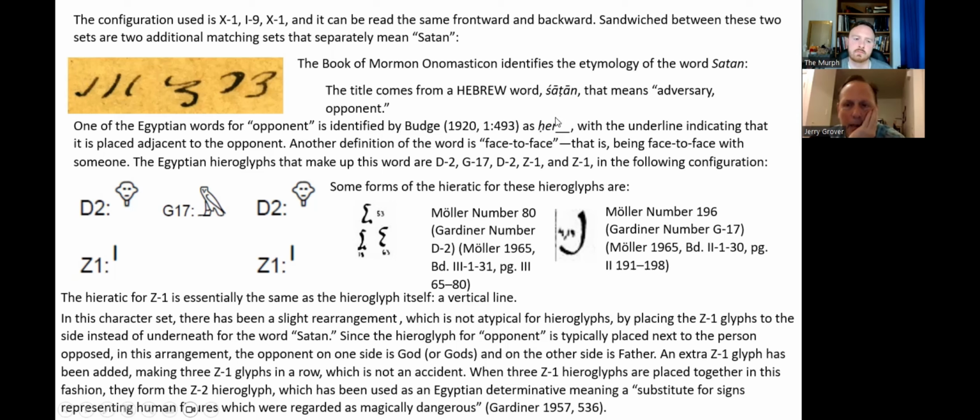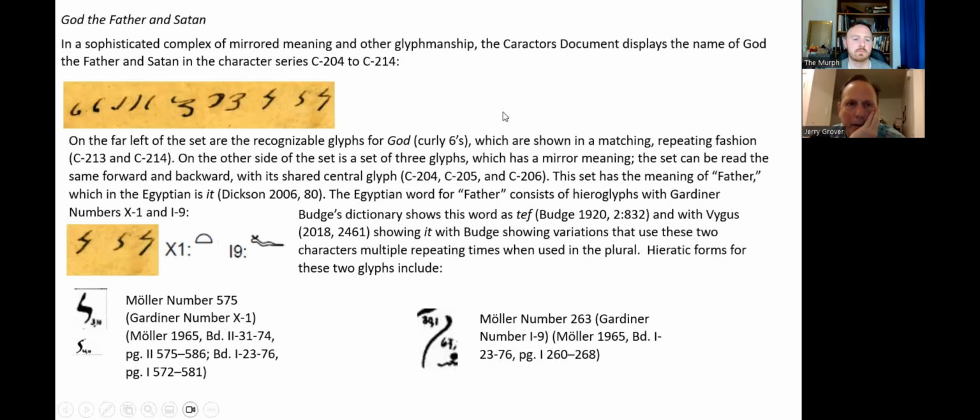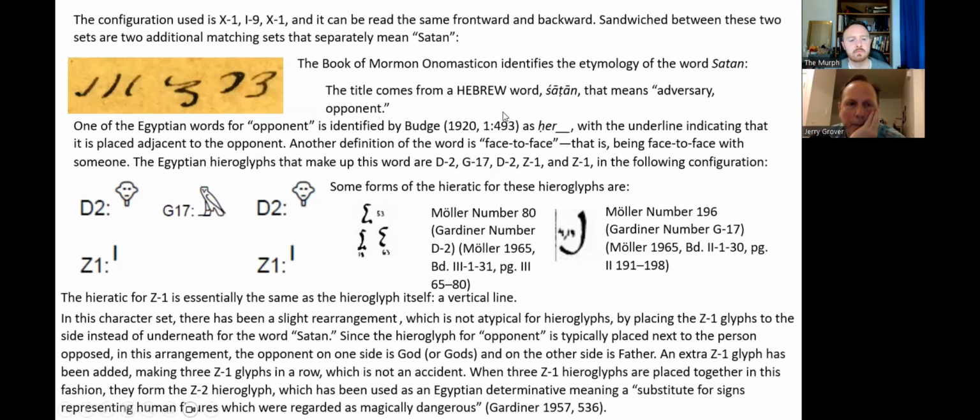So it's found next to whatever you're opposing. So remember, we had the Father up here. Then you have this glyph form here for the Egyptian. The reason they do that is because it's like you're face to face with somebody. So this D2 glyph is this thing here. The Z1 glyph is this here.